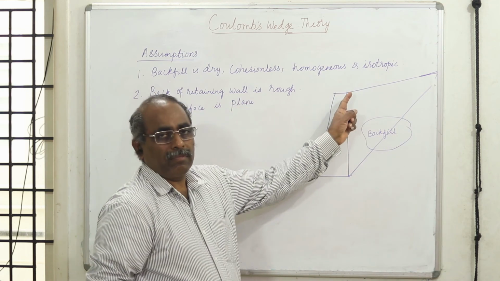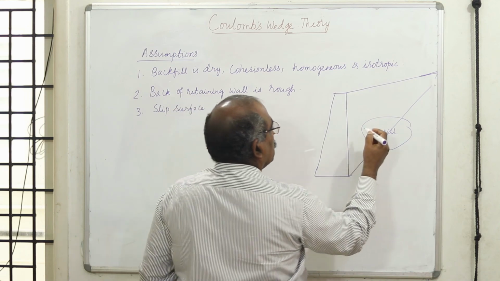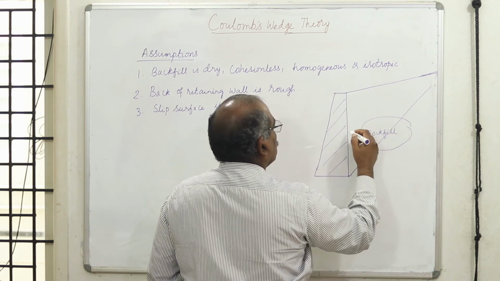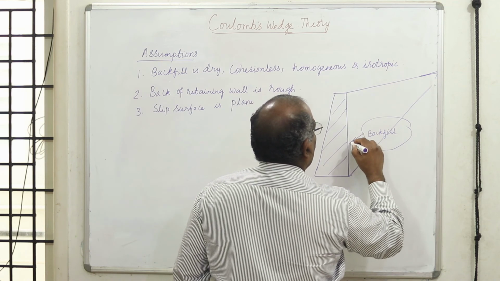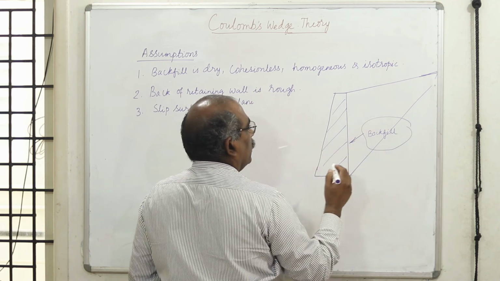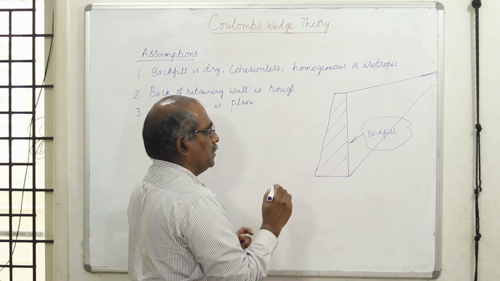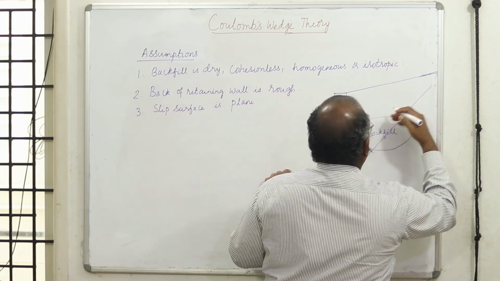A part of the backfill material will act as if it is part of the retaining wall, and it slides along with it. This portion of the soil is going to be as if it is a part of the retaining structure, and when this moves, what happens?